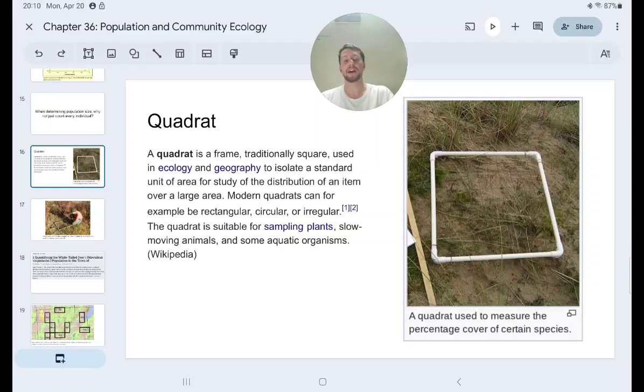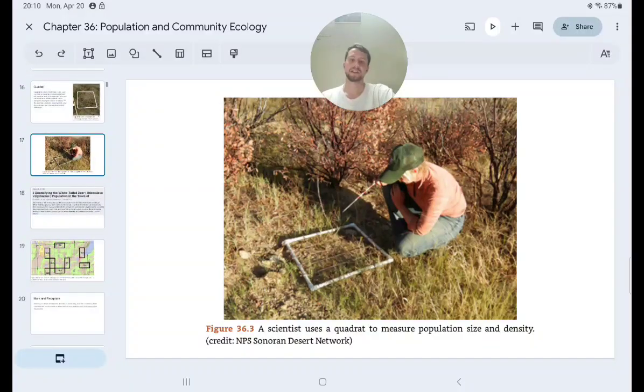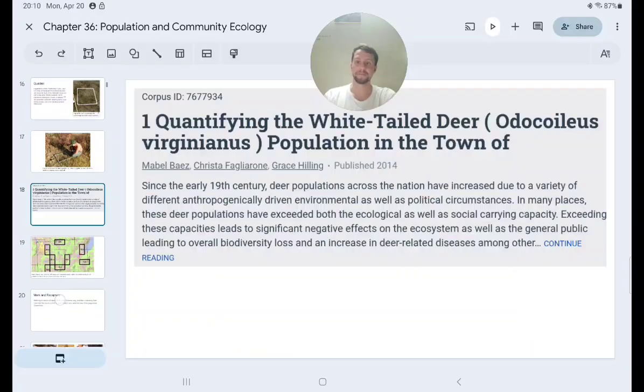If I have reason to believe that the density in this little area is the same as in this larger area, then I can determine the density and use the density and the size of the big area to determine roughly what the population is. So for example, in a large field, a scientist could measure the population of some plant or bug and say, okay, I see this many right here, so now I can estimate how many total are probably in this much larger area.